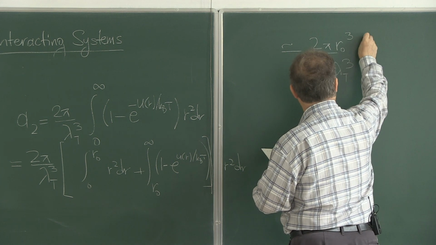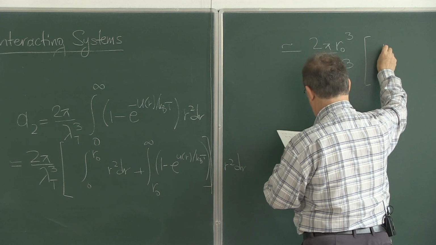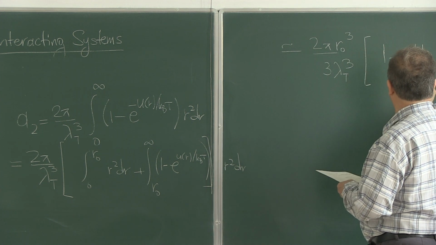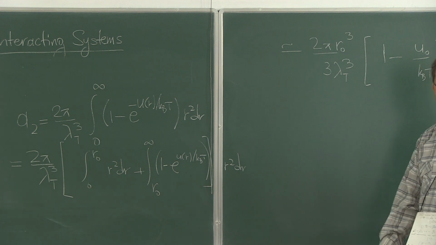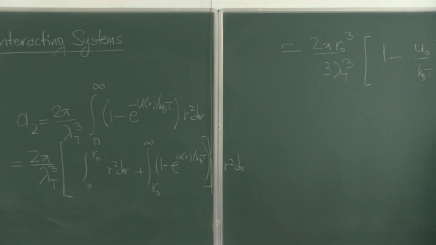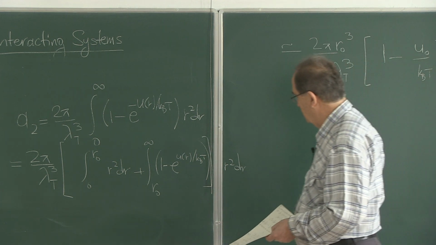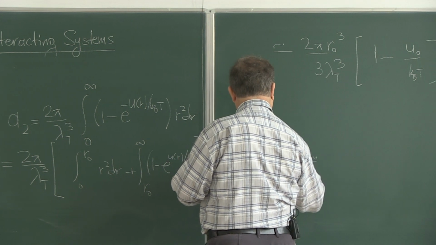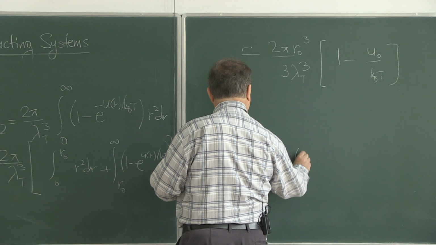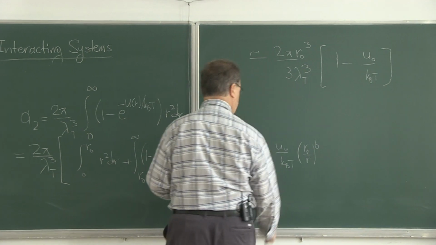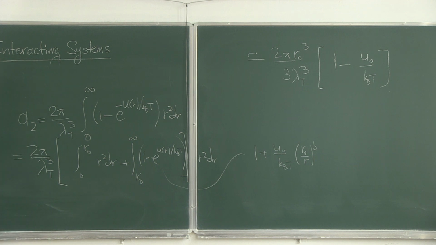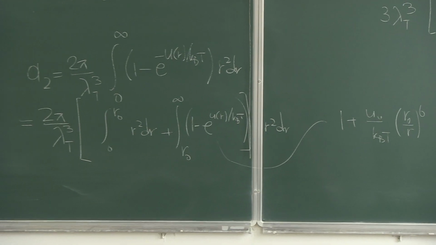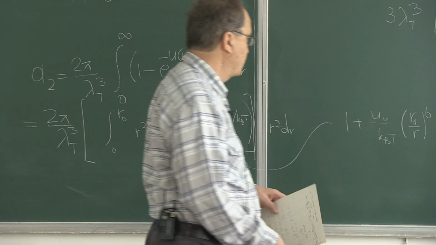Check this. I'm not guaranteeing anything. 1 minus u0 over kBT. So all you have to do is to expand this as 1 plus u0 over kBT (r0 over r) to the power 6. Okay? So ones will cancel, so you end up with a simple integral.